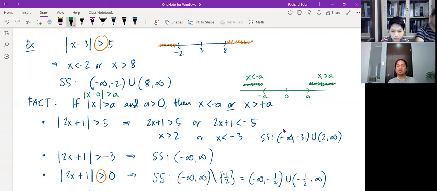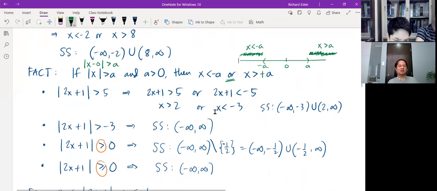So that's why the conjunction is or, rather than and, because if the conjunction was and, then you would be requiring x to be here on the right green region and simultaneously here on the left green region, which is of course impossible. X cannot be in two different places at the same time. So that's why the conjunction is or.